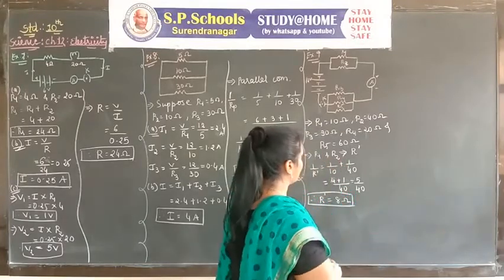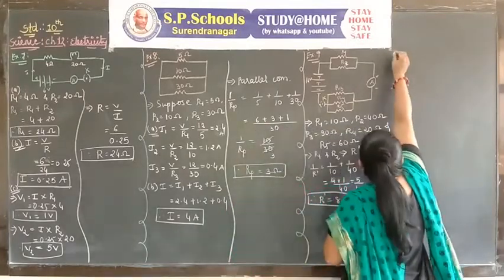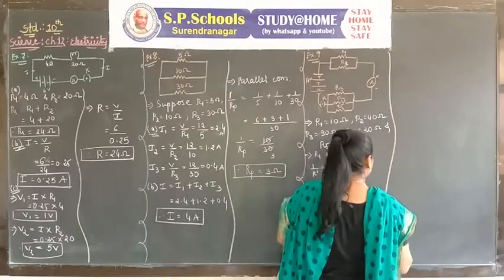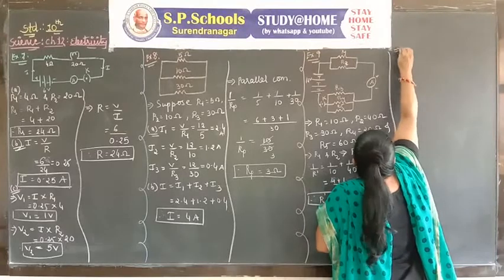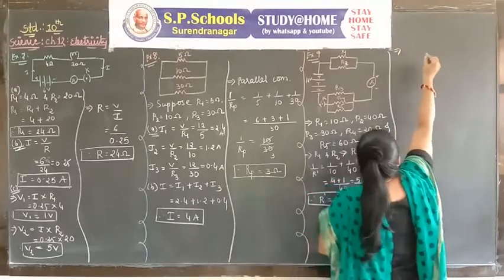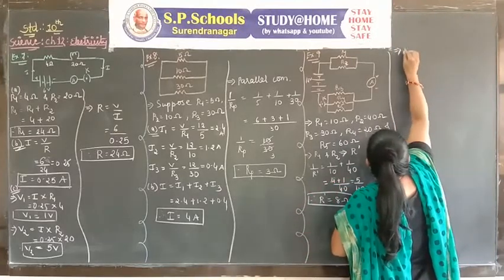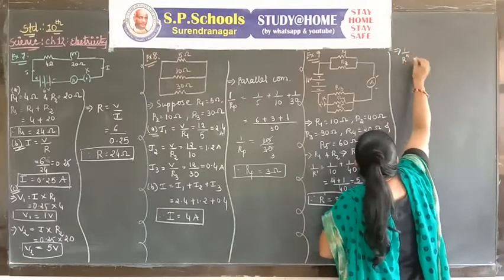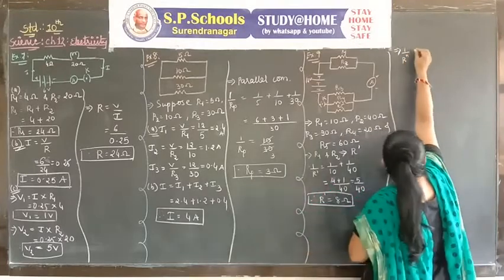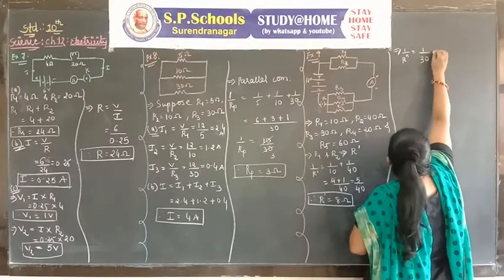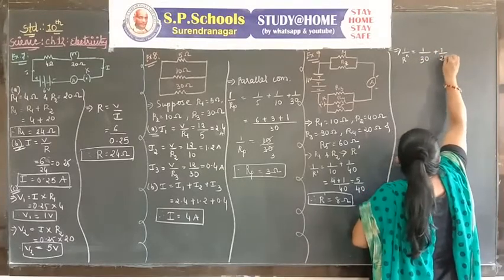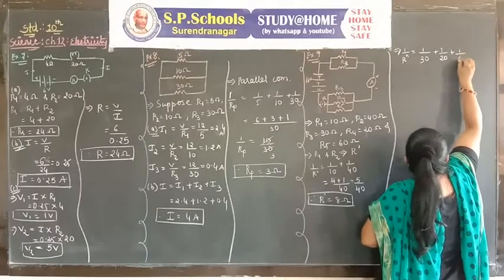In case of the second, all resistances R3, R4 and R5 are also connected in parallel. So 1 upon R double dash we find second. So 1 upon R double dash is equal to 1 upon 30 plus 1 upon 20 plus 1 upon 60.